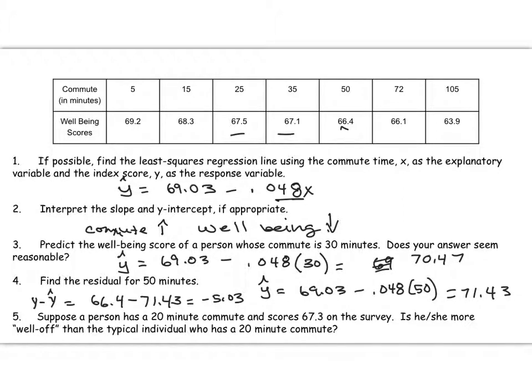Okay, suppose a person has a 20-minute commute and scores 67.3 on the survey. Is he or she more well off than a typical individual who has a 20-minute commute? So we don't have a value for 20 minutes, so we're again going to need to calculate it by plugging it into our predicted value, and that is going to give me a score of 69.89.